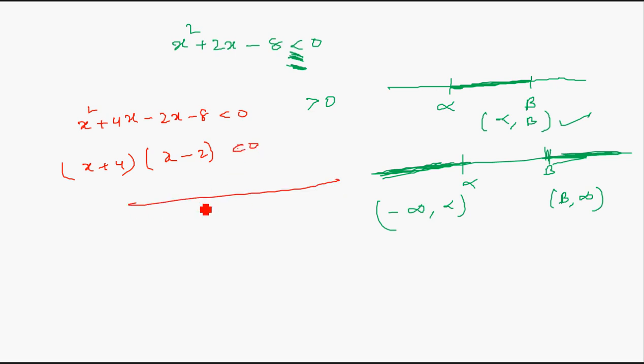So now the roots we got are minus 4 and 2. So minus 4 and 2 are the roots we got, and the solution will be this one, right? So this can be written as minus 4 is less than x less than 2. All right.